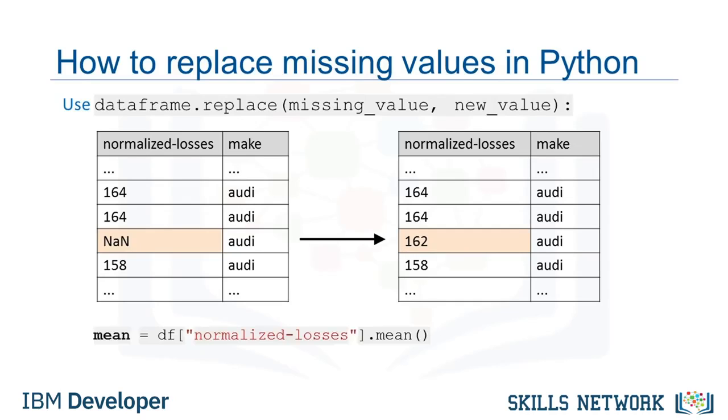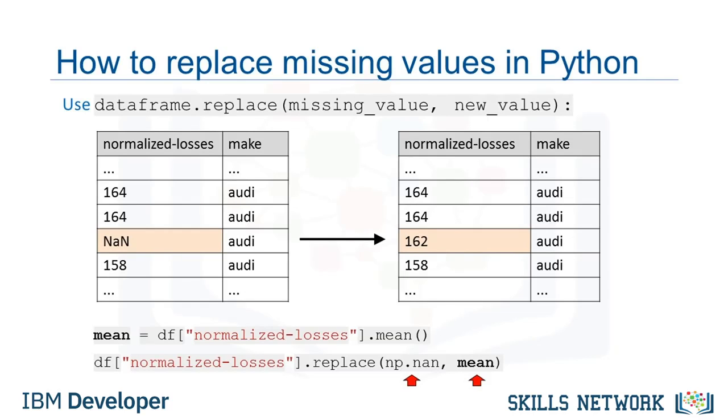In Python, first, we calculate the mean of the column. Then we use the method replace to specify the value we would like to be replaced as the first parameter, in this case, NaN. The second parameter is the value we would like to replace it with, i.e. the mean in this example. This is a fairly simplified way of replacing missing values. There are, of course, other techniques, such as replacing missing values with the average of the group, instead of the entire data set.